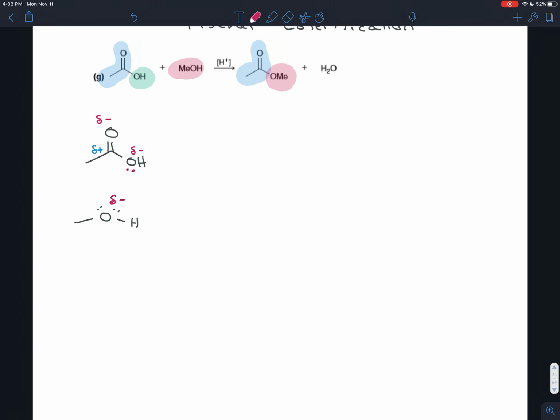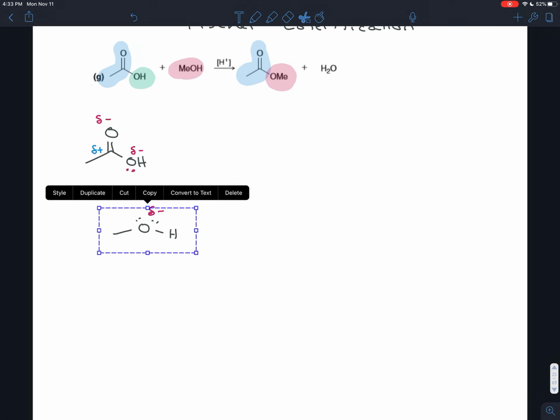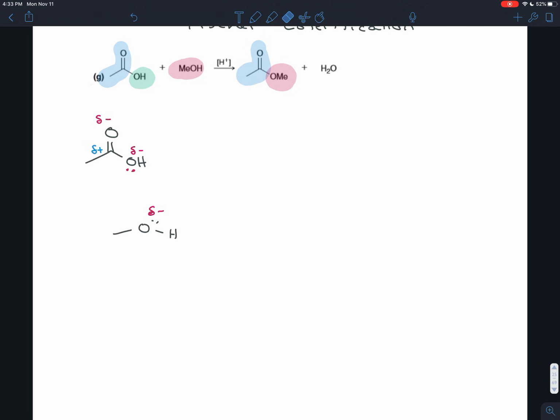Now, when you see these brackets with an acid catalyst, what that means is you have some strong acid added to the methanol. And so the methanol molecule in solution is not just regular old methanol. A strong acid will have stuck this H+ onto it.